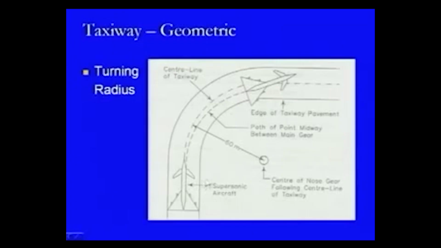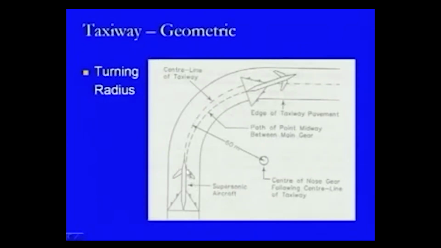In this case, this is the 60 meter radius which is being provided, and this is the center of the nose gear following the center line of the taxiway. Means this nose gear is trying to follow the center line of the taxiway being provided like this. So, this is the condition, and then there is another pathway being shown on this side, and this pathway is the path of the point midway between the main gears.